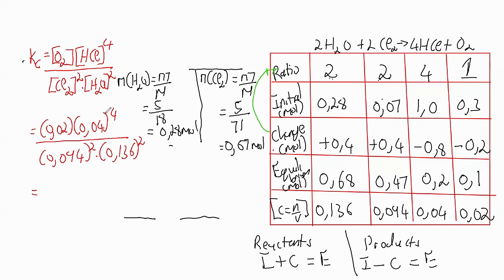At this point, you just punch all of this into your calculator, and then your Kc will be 0.0003 if you write it in normal form. But if you use scientific form, then you have 3.15 times 10 to the exponent of -4 if you round it off to 2 decimal places.